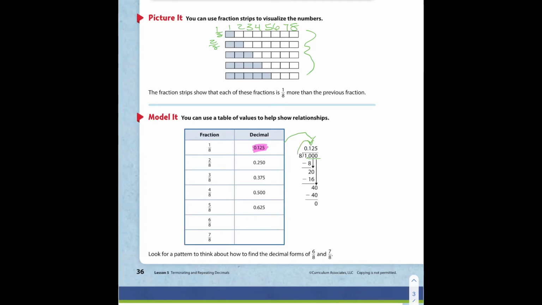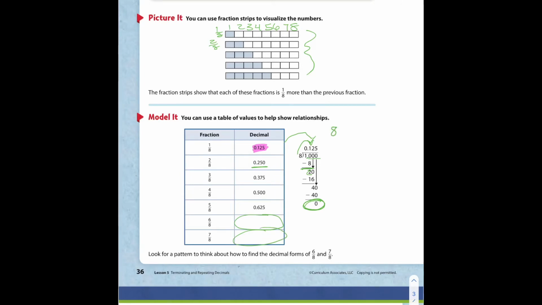And then 8 goes into 10 1 time. 1 times 8 is 8. They subtract. 10 minus 8 is 2. Bring down your 0. And so on. And they continue until they get 0 when they subtract. Then you have 2/8 as a decimal. Doing that long division is 0.250, and so on. Then we have 6/8 and 7/8.